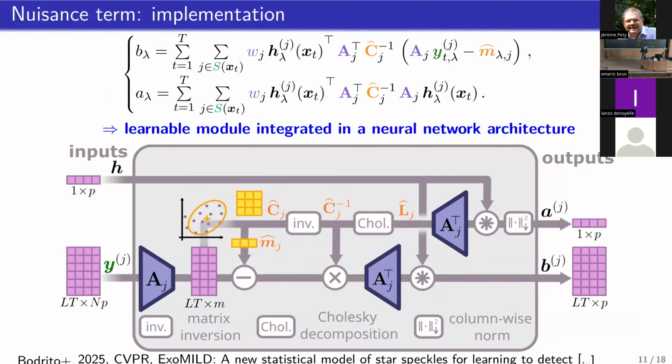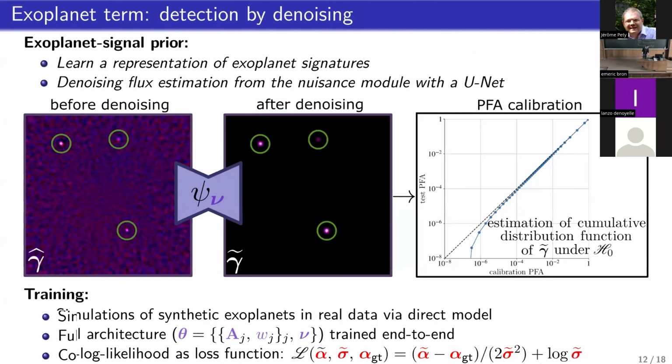So the sequence of operations involved in terms B and A defines a learnable module that can be integrated in a neural network architecture. So you have here just a basic illustration with the data as input and the output involving the different steps.